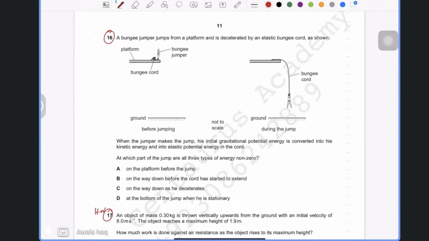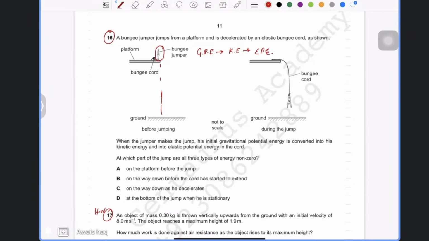So first of all, it says on the platform. At the platform where she's staying, so she is at a height. So currently we're gonna look at that gravitational potential energy goes into kinetic energy, and then obviously as the cord begins to stretch, kinetic energy plus gravitational energy will go into elastic potential energy, right?